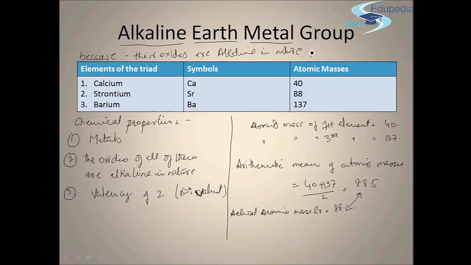So we call them alkaline earth, and hence, since these are metals, we call them alkaline earth metals.